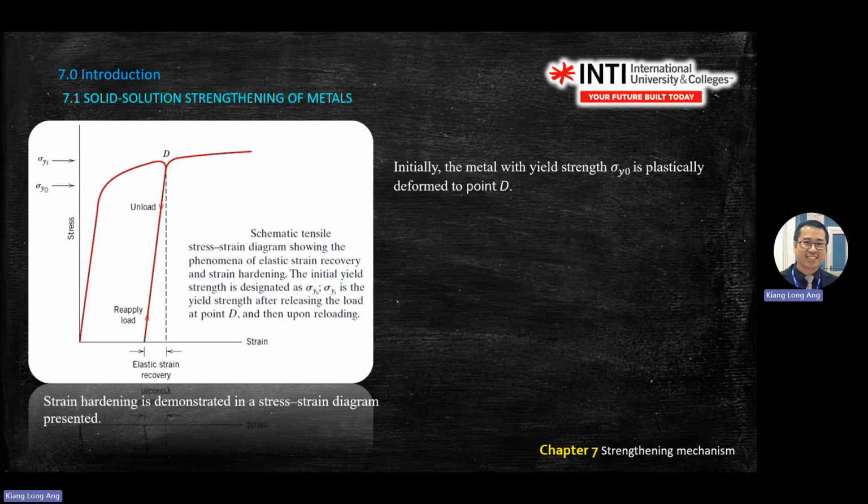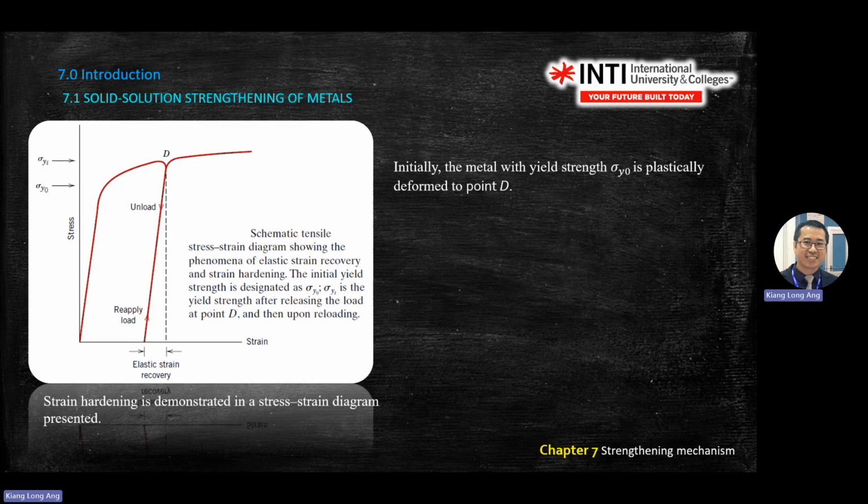So this graph is more on why we need to do strengthening, or how we do strengthening. In the industry, how you do the strengthening: you pull the metals, then you let go, you unload your force, then you apply the load again.